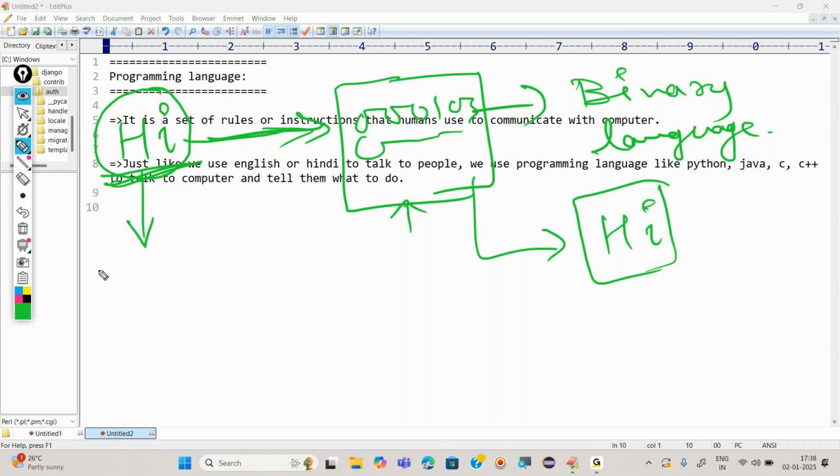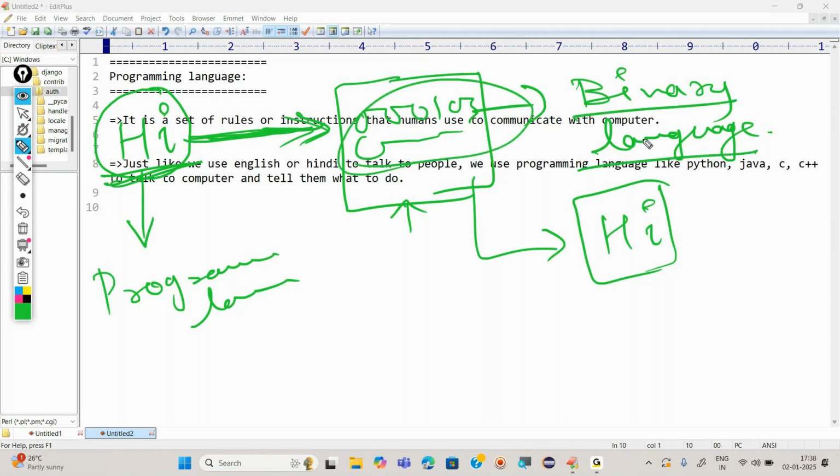We use a programming language here. With the help of this programming language, I send this hi to the system. The system converts it into zeros and ones, that is our binary language, and then converts the binary language back into a human understandable language, that is normal English. We call it a high level language.